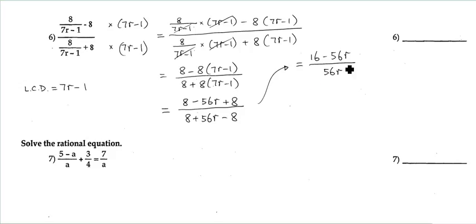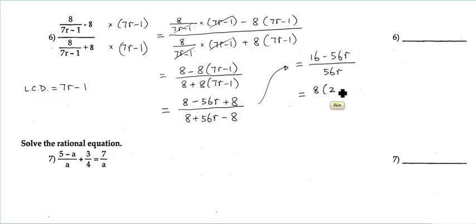56R. Can I say the 56R cancel out? We cannot. We have 16 minus. So it's the whole thing together divided by 56R. But can we simplify more? Yes, we can factor out the 8 from the top.